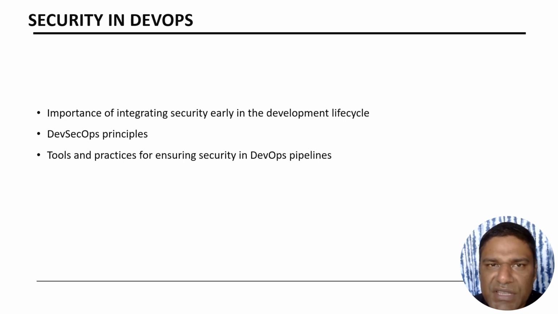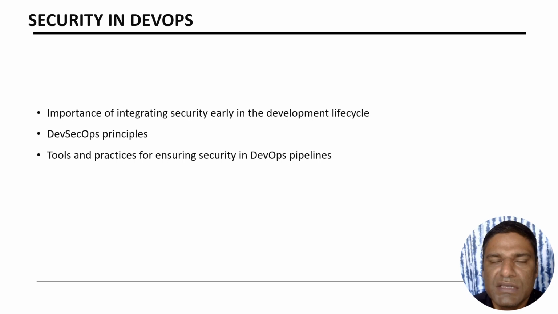So integrating security into the DevOps pipeline is essential for ensuring that applications are robust and resilient to threats. So DevOps has a superset called DevSecOps, where security takes higher priority. So DevSecOps principles emphasize shifting security left, meaning that security considerations are addressed early in the development process.